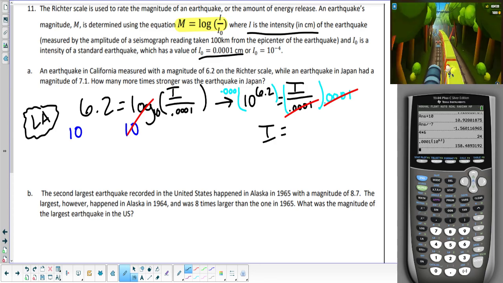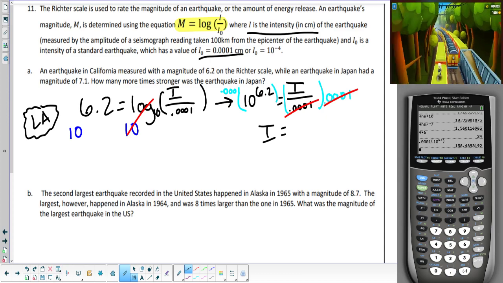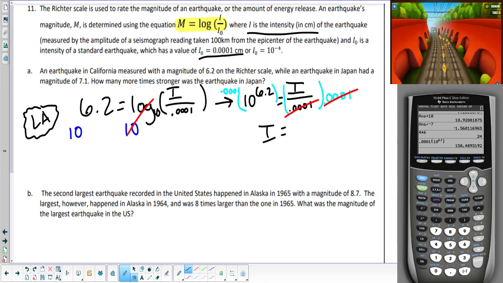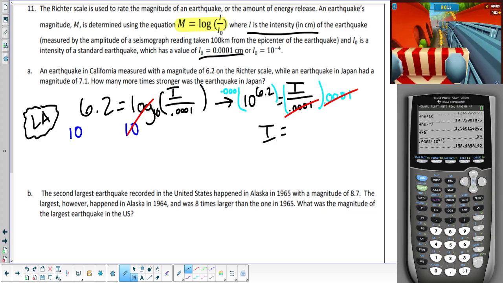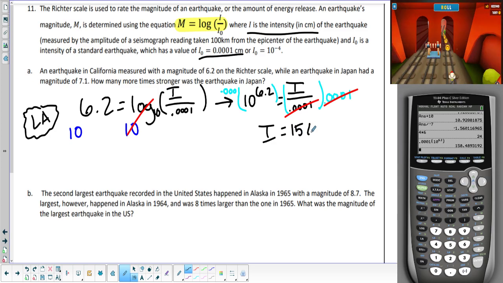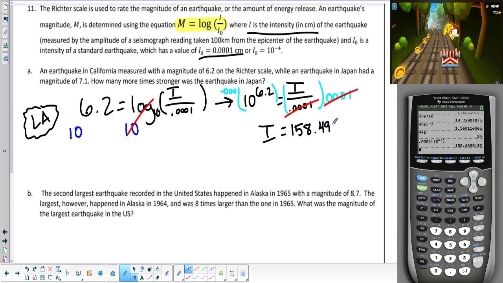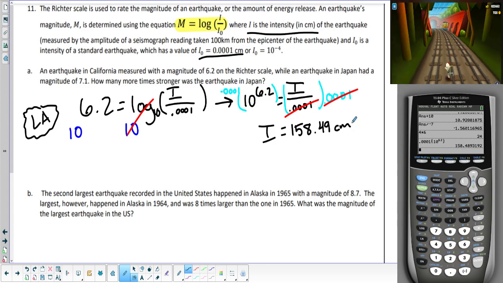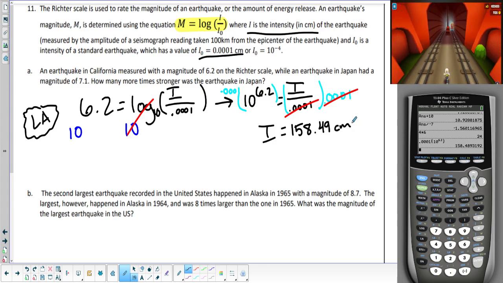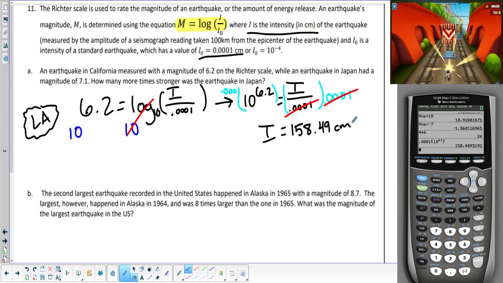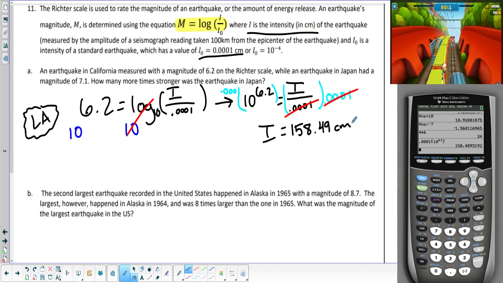Which means that the intensity of this earthquake, a 6.2 magnitude earthquake, meant that the amplitude of the shaking that was happening displaced 158.49 centimeters. Okay, that's the intensity of the actual earthquake. That's how far the ground moved, or what they measured the ground moving 100 kilometers away.